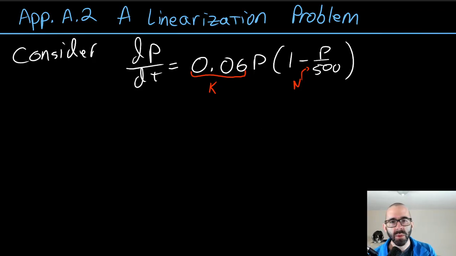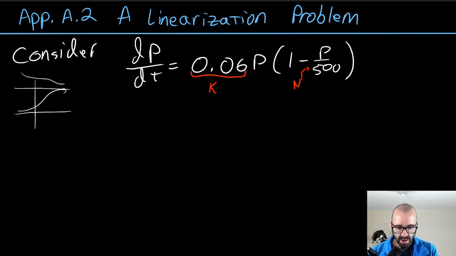But let's say that we were curious about doing some more qualitative analysis of a different sort. So specifically, if you've seen the graph of this, we have those two equilibrium solutions, and we know that we kind of have this sort of thing. And then the idea is let's zoom in on very small populations, and let's zoom in on populations that are very close to the carrying capacity.